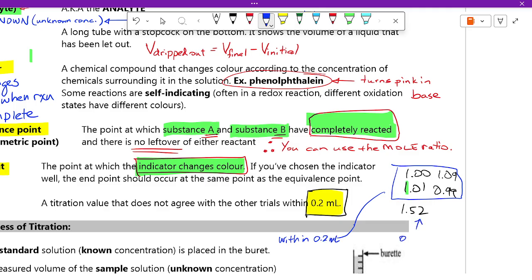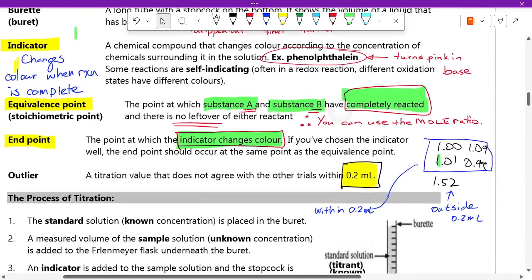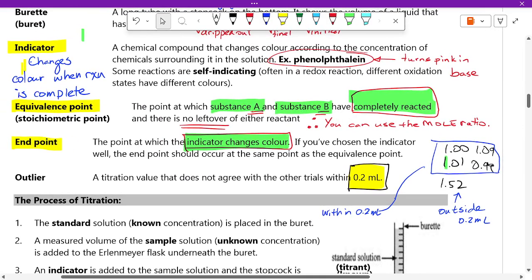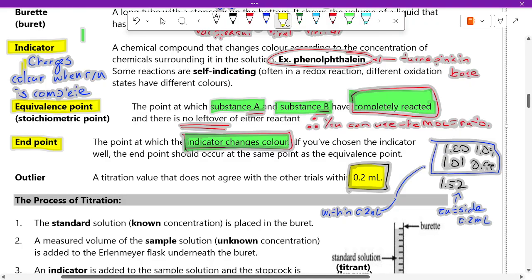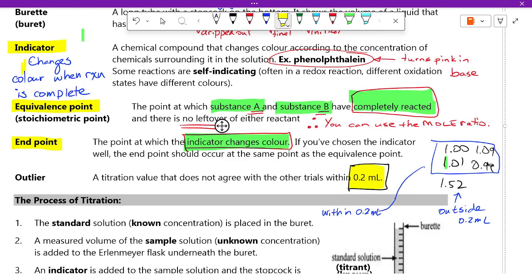And this one is outside the 0.2 milliliters. And that means it is an outlier, and we omit the outlier from our calculations. Oh, look, omit starts with O. Outlier starts with O.